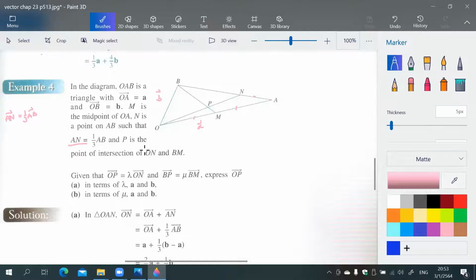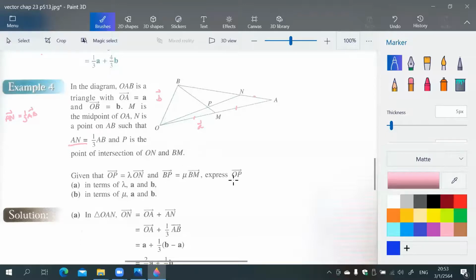Next, the question gives us vector OP equal to lambda of vector ON. OP is lambda of ON. So lambda, like a k, is the unknown scalar. And vector BP equals mu of vector BM. This is also a scalar, assigned like a k, but this time assigned as mu.